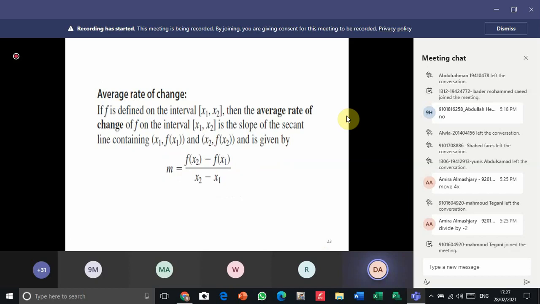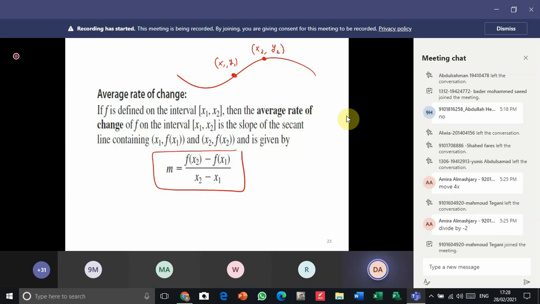Average rate of change. This is the formula for average rate of change. If we have a curve and two points, for example (x1, y1) and (x2, y2), we can find the average rate of change.